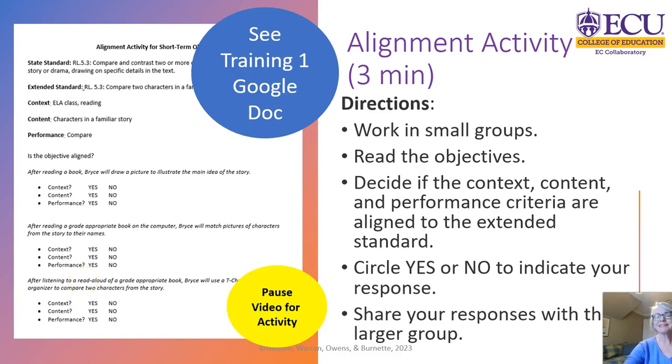So, let's do it in a small group and not individually. Read the objectives that you have within this activity, and then decide if the context, the content, and the performance criteria are aligned to the extended standard. And circle yes or no to indicate your response. Once everybody's had a moment to finish this activity, you can share your responses with the larger group.